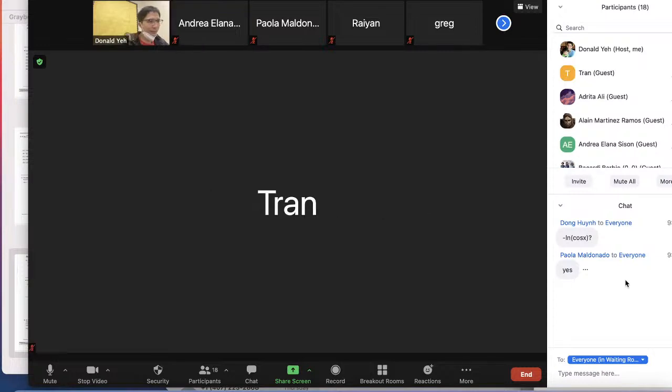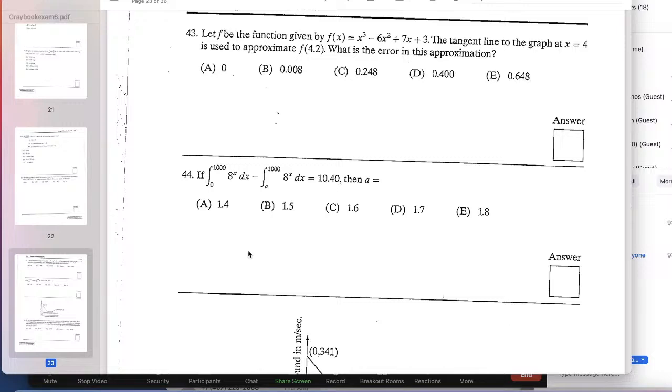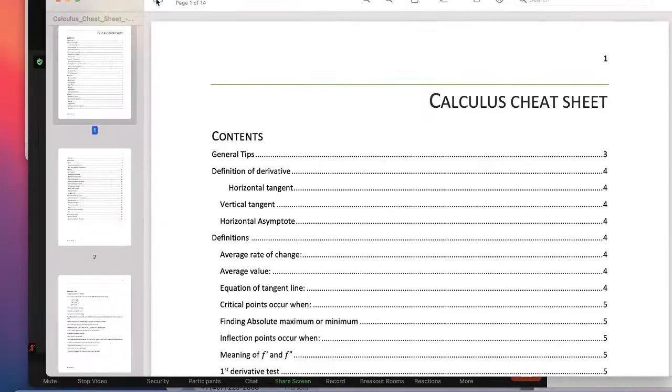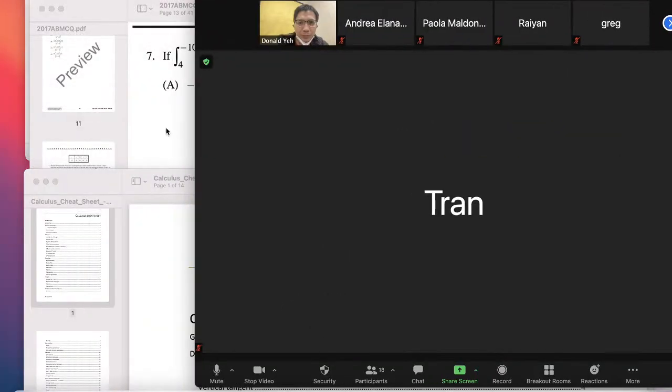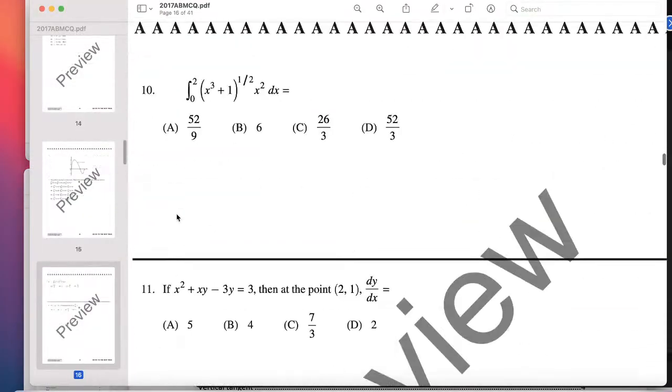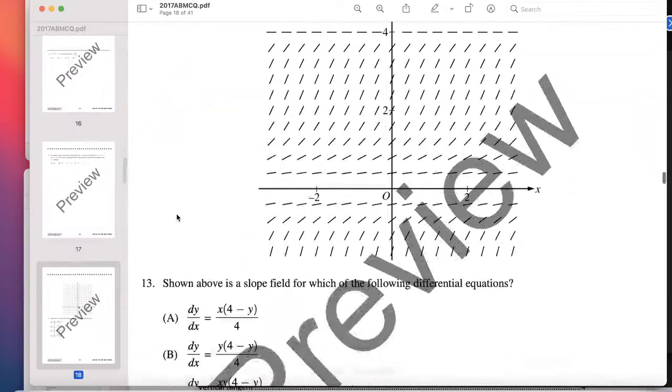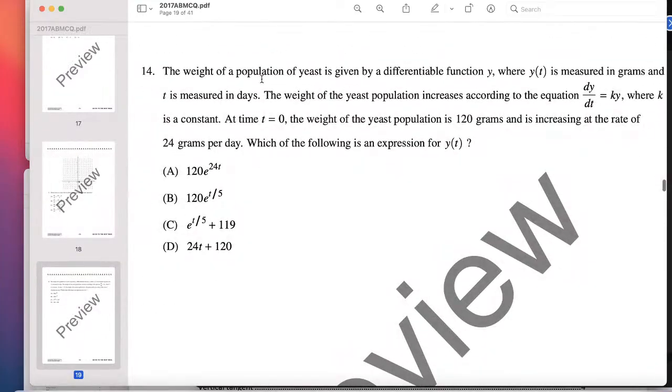Mister is 14A. 14, let me see. 81. 14. You guys are living on 14, aren't you? To the following, the graph of the and negative. So integration.